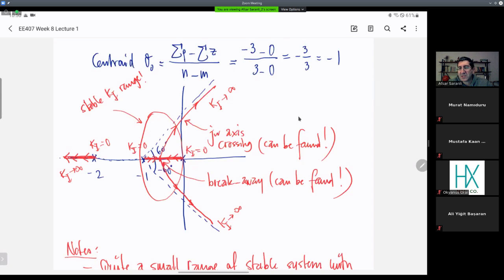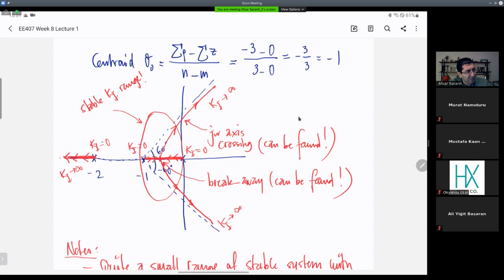So for a self-stabilizing system, which is a type 0 system, if the plant is already type 0 and you add 1 pole at the origin, you increase the type by 1. So its unit step response ends up having a 0 steady state error. That's one of the main motivations behind using an integral controller. But you can see that it has an adverse effect on the stability.